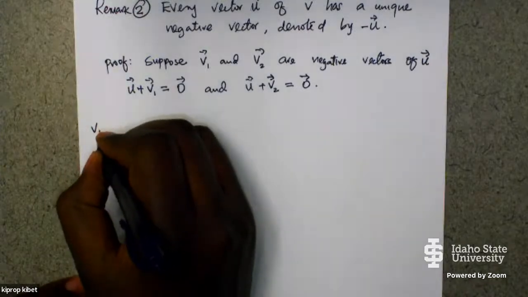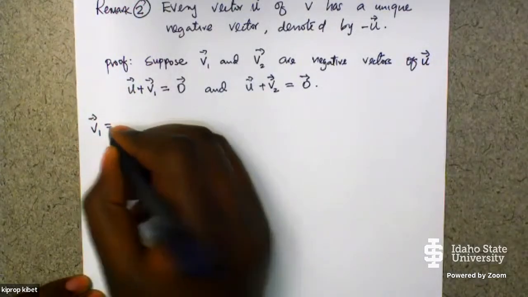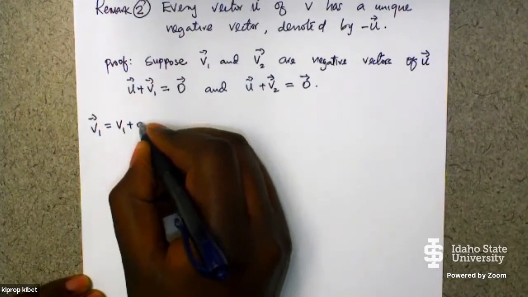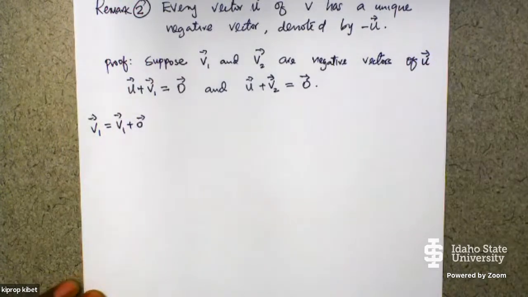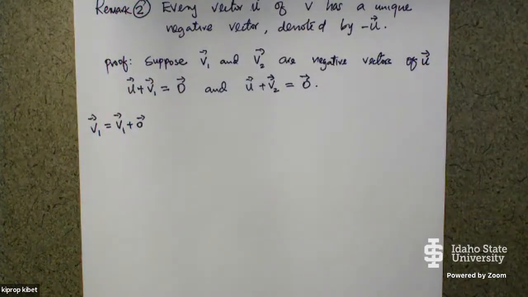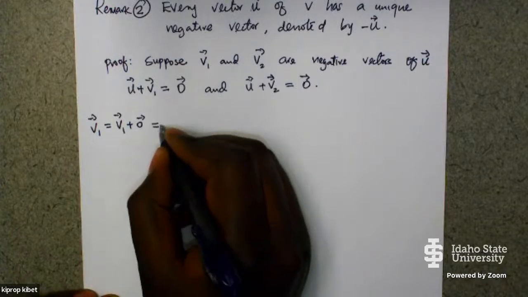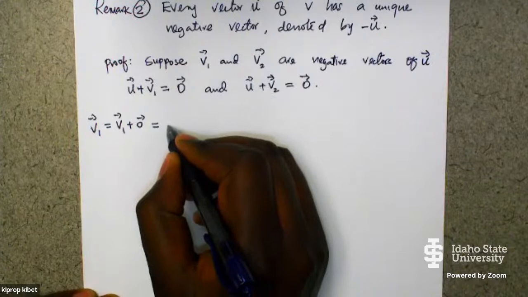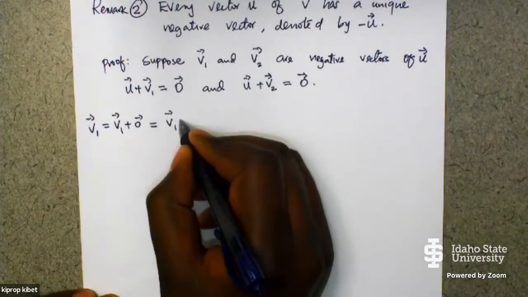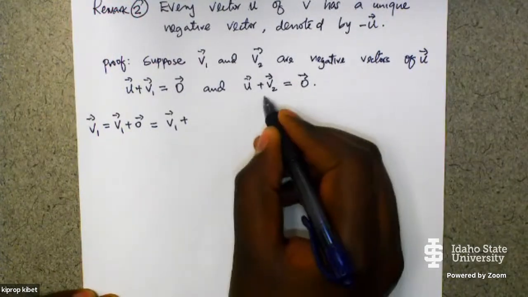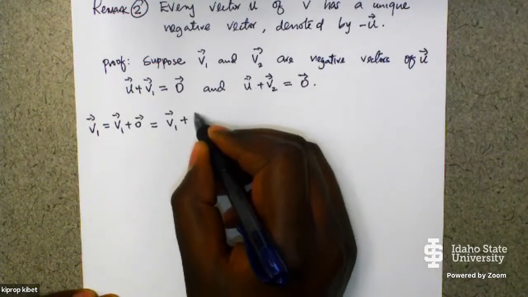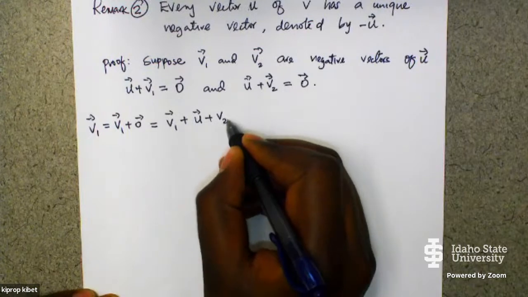V1 is the same as V1 plus the 0 vector. Now, if we replace this 0 vector by U plus V2, then it means V1 plus U plus V2.